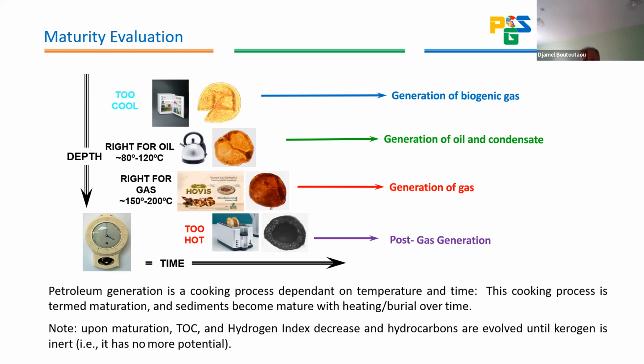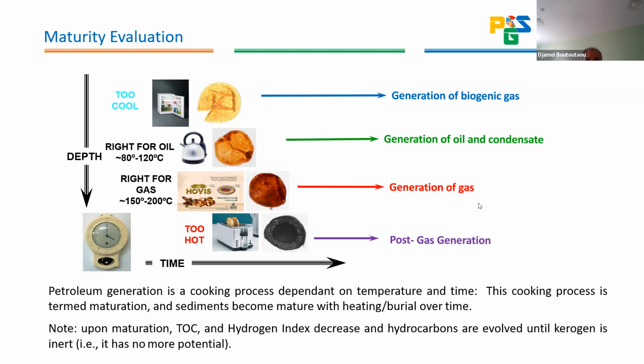You are going to discover only oil. But if you have an oil-prone source rock and it's in the gas window, you know that you are going to discover gas and oil. But if you have a source rock that is gas-prone, you know that you are going to have only gas in your area, but you need that source rock to be really in the gas window.